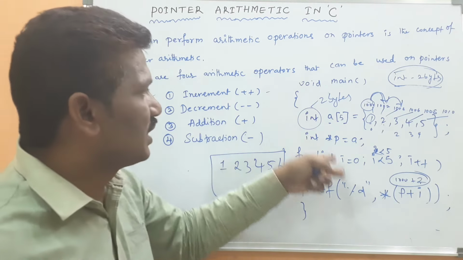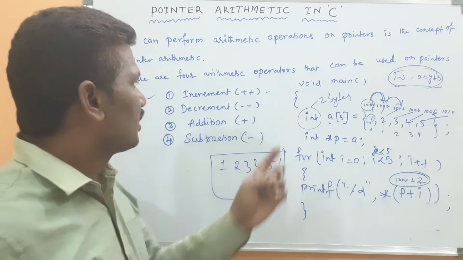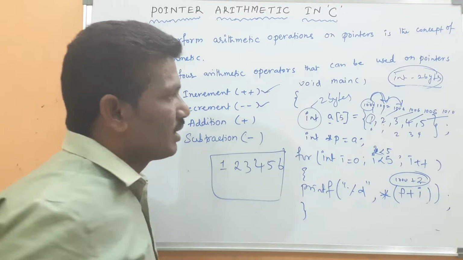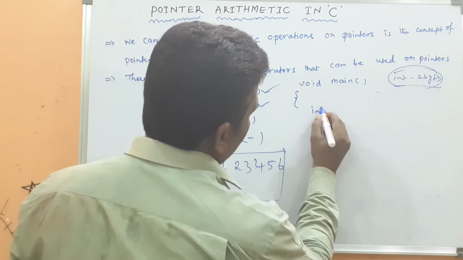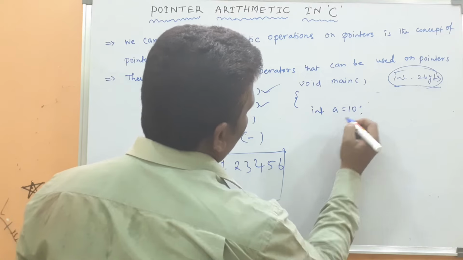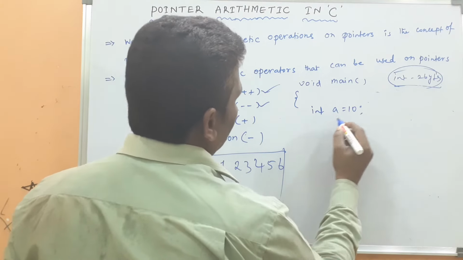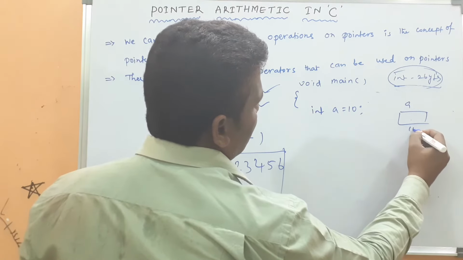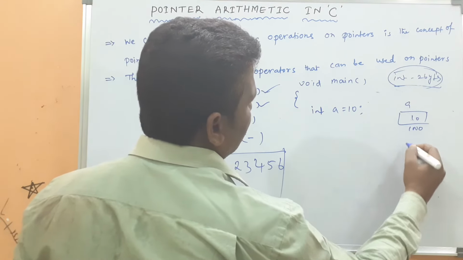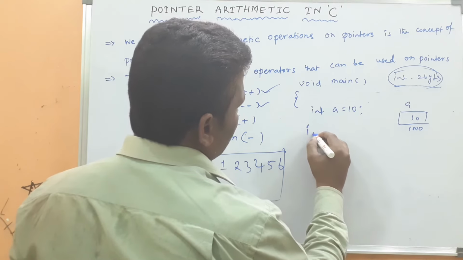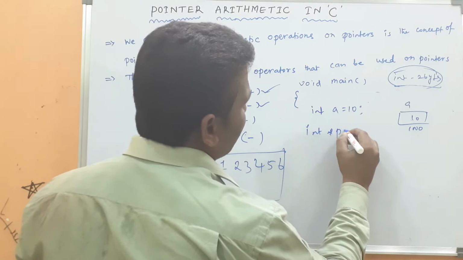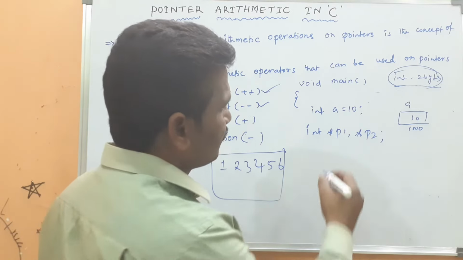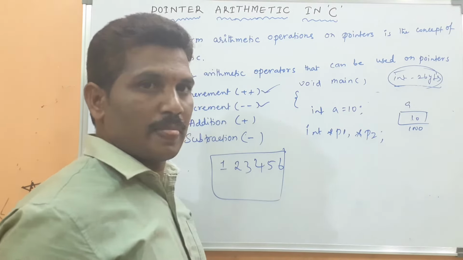This is how it is useful with pointers also. Increment is completed, then decrement is completed. Suppose int a equal to 10, with address 1010, and int pointers p1 and p2.